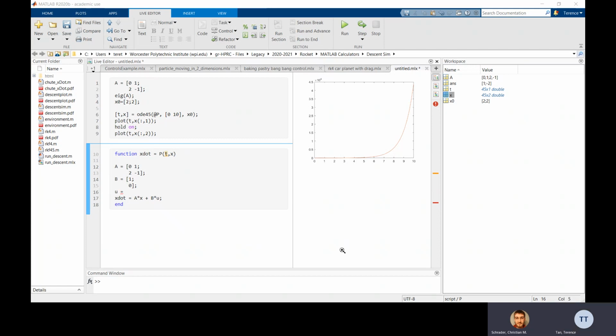Okay, so we would have to find the eigenvalues of the A minus BK matrix. Since we have the effective A matrix, we have to find the effective eigenvalues.